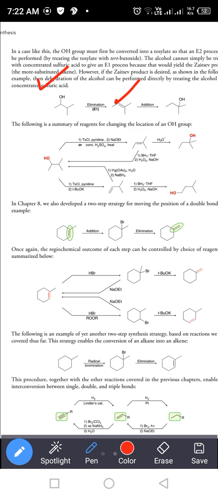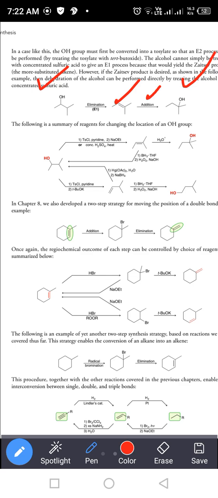When the alcohol changes into an alkene, then we have to add the OH group, maybe by addition of water in the presence of acid. When we add water in the presence of acid, H2SO4, HgSO4, water, then through Markovnikov addition, the OH part of the water adds on the carbon having fewer hydrogens or no hydrogen. So definitely OH will add on this tertiary carbon. This product will be obtained.